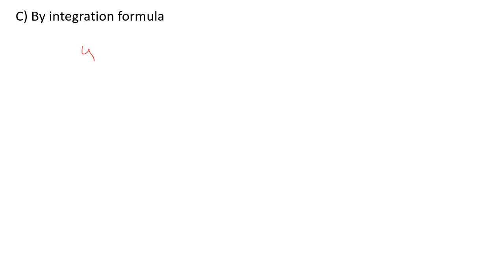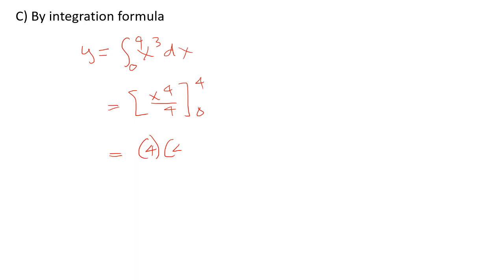The integral of x cubed dx from 0 to 4 equals x to the 4th over 4 from 0 to 4, equals 4 to the power 4 all over 4 minus 0.